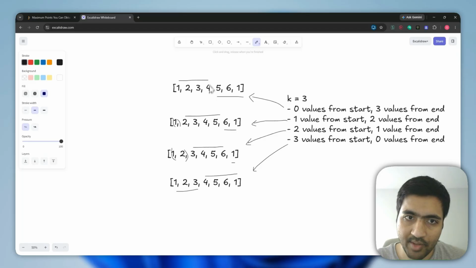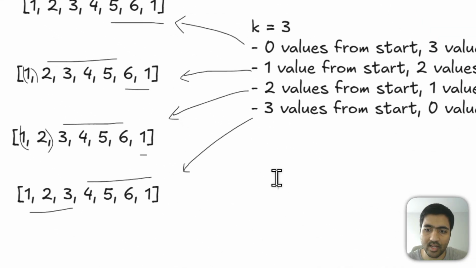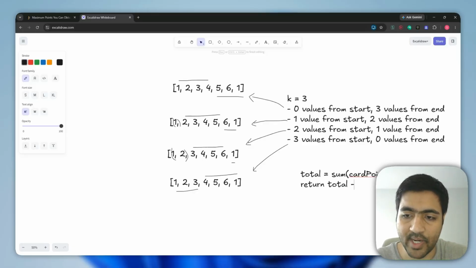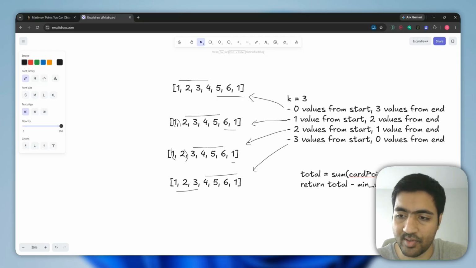So if we take the non-picked part as the sliding window, we can say that the total sum of the array, which we get by using the sum of the input array, let's call it cardPoints, okay, this is the cardPoints array, we can return the maximum value by subtracting the minimum window size value.